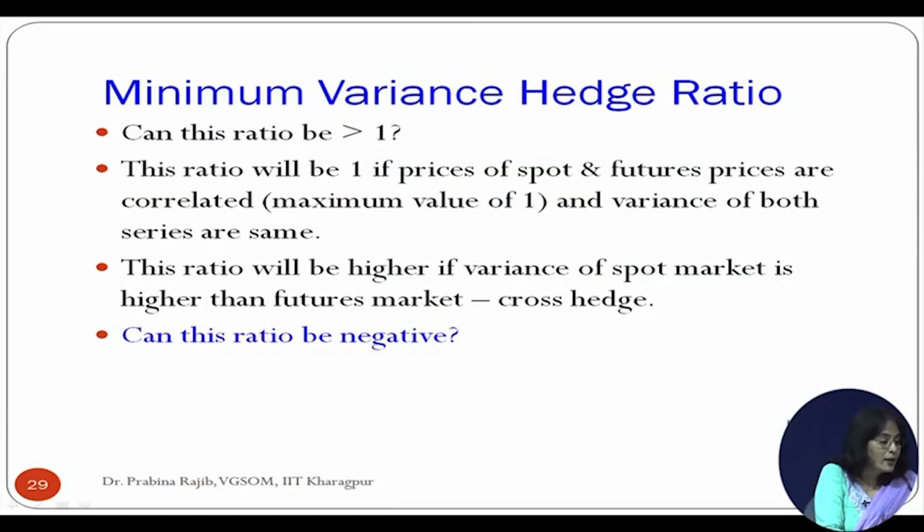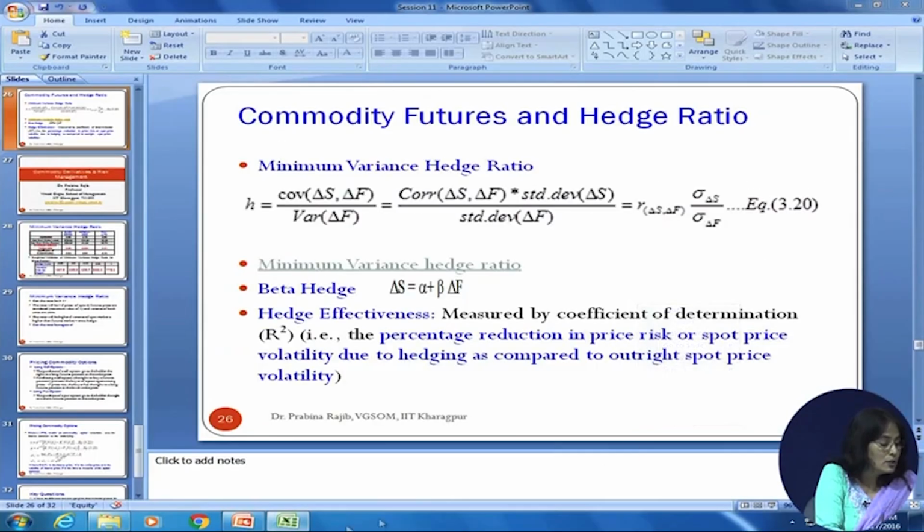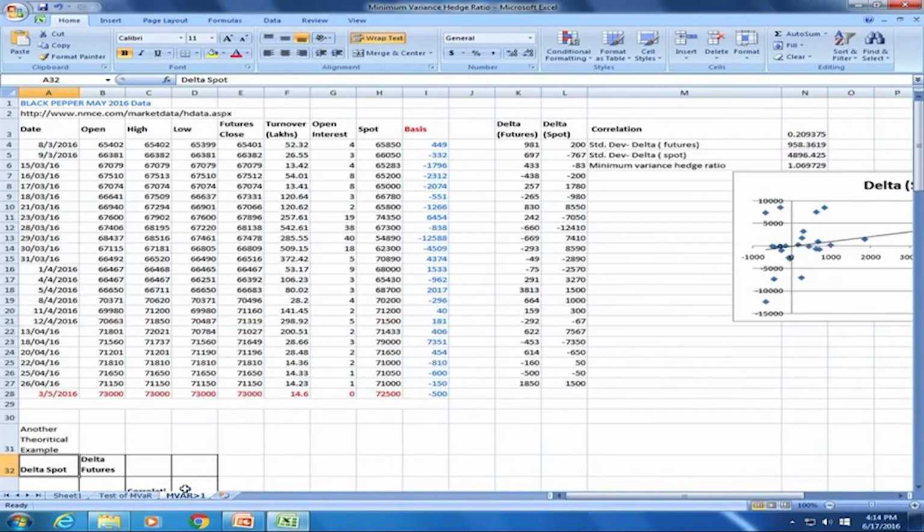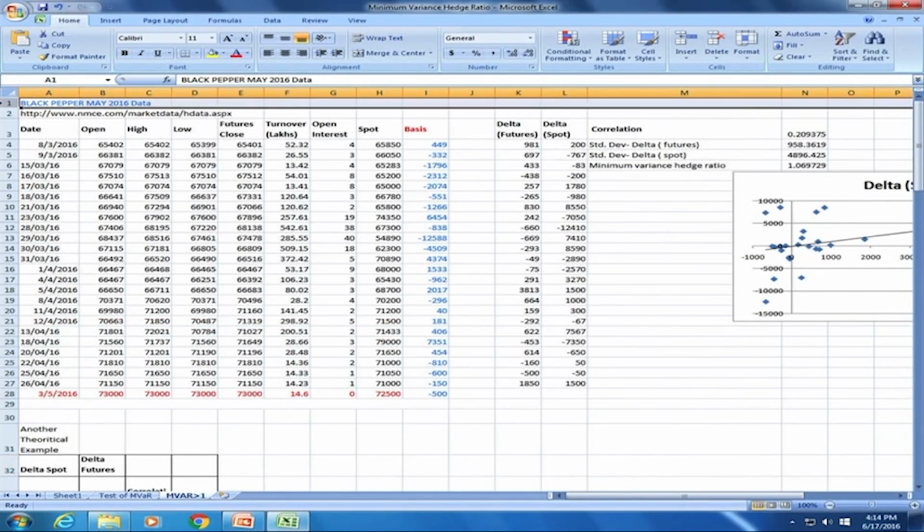So I have again taken a hypothetical situation. So let me go back to the black paper May 2016 data.